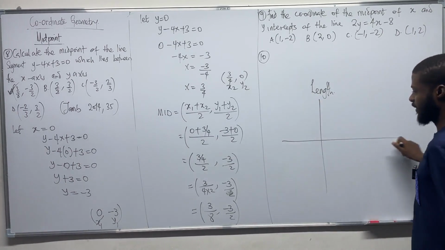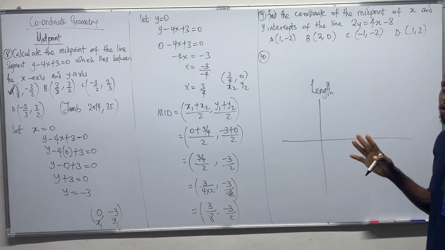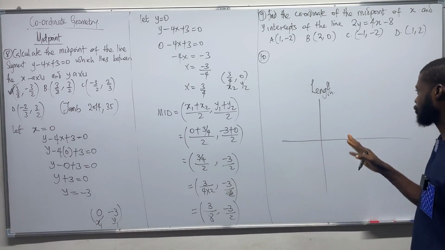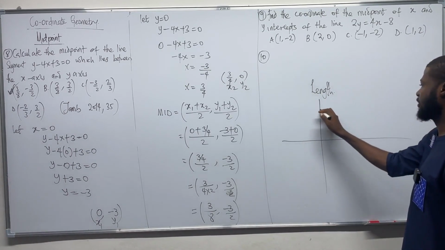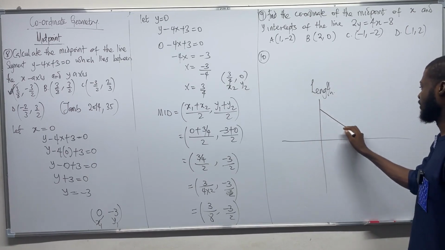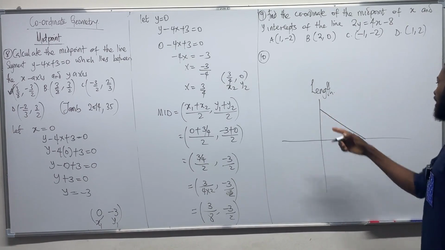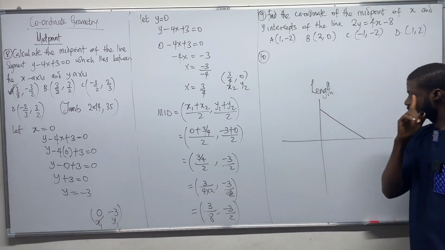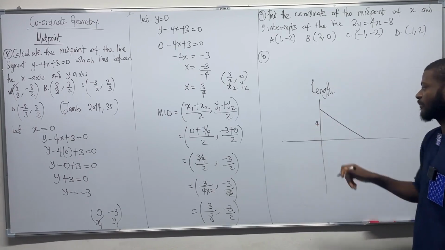So we have something like this. Okay, so let me just make it very easy. Let me just make the line this line. Yeah, this very line. Now let me say from here to here is 4, for example.